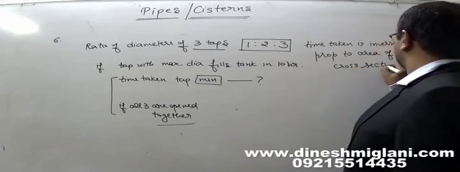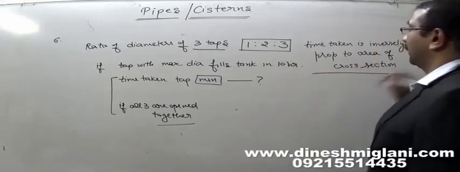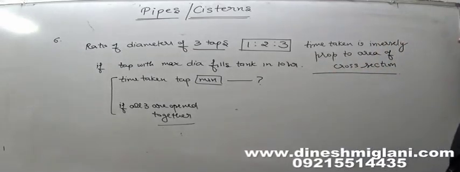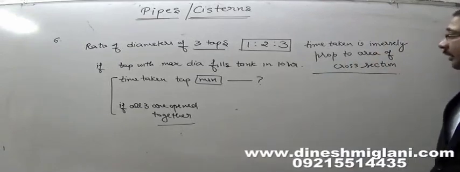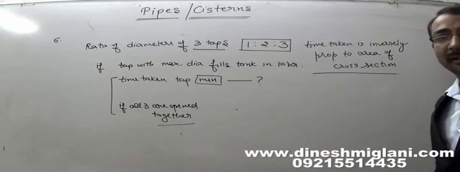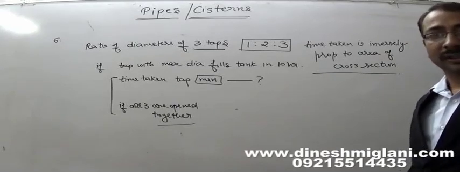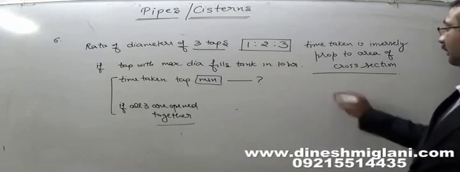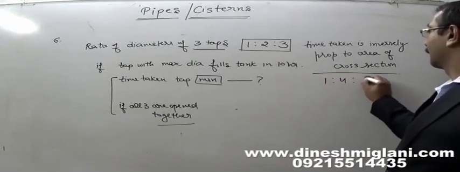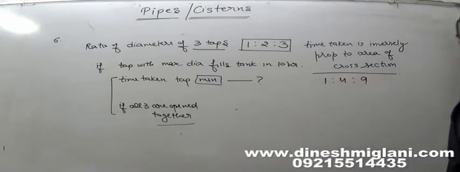That thing we have to consider, right? If the ratio of the diameters is given, suppose 1:2:3, then time taken is inversely proportional to the area of the cross section, right? Here the ratio of the radius is 1:2:3, so the area of the cross section is 1:4:9, right?